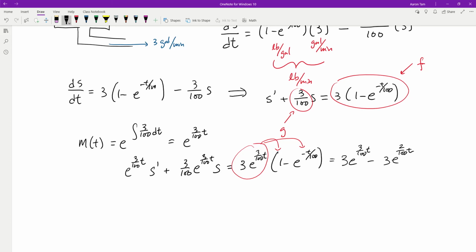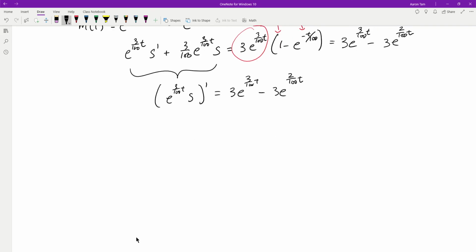So that's nice. And remember, on this side, this is nothing more than just (e^(3/100 t) S)'. And that should equal this side, which is 3e^(3/100 t) minus 3e^(2/100 t). And so now what I need to do is integrate.